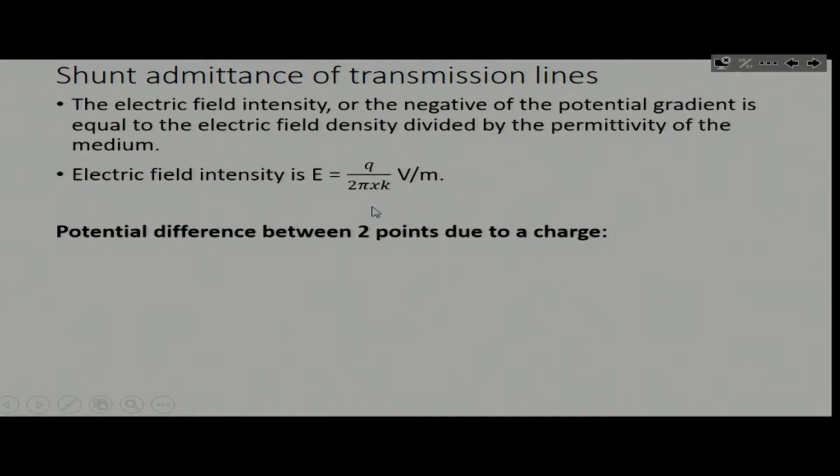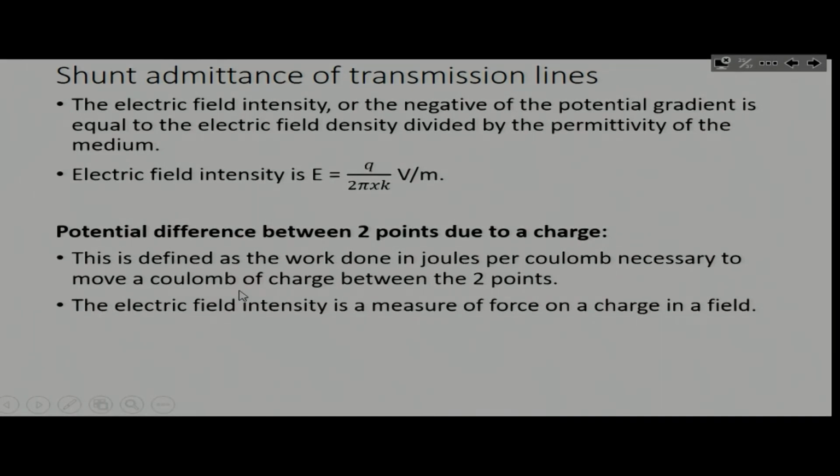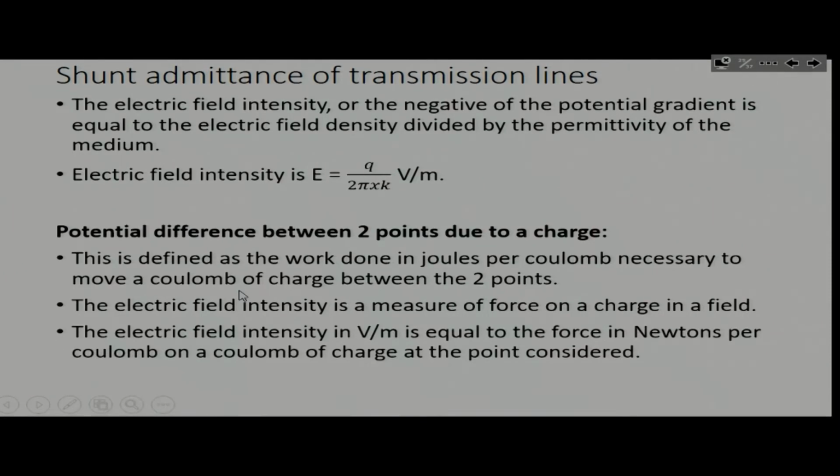Potential difference between 2 points due to a charge. This is defined as the work done in joules per coulomb necessary to move a coulomb of charge between 2 points. The electric field intensity is a measure of force on a charge in the field.